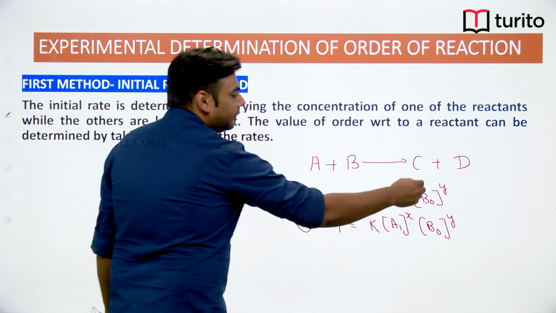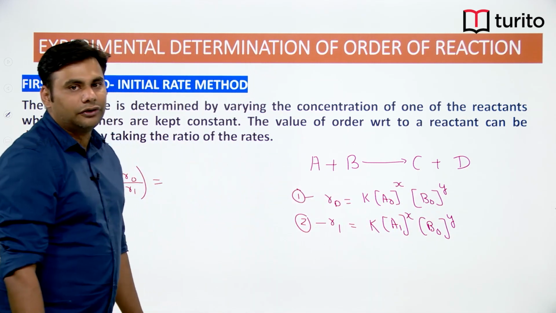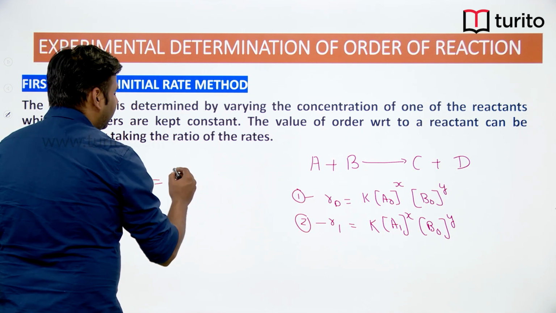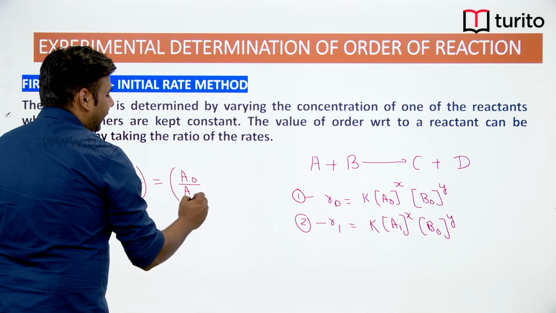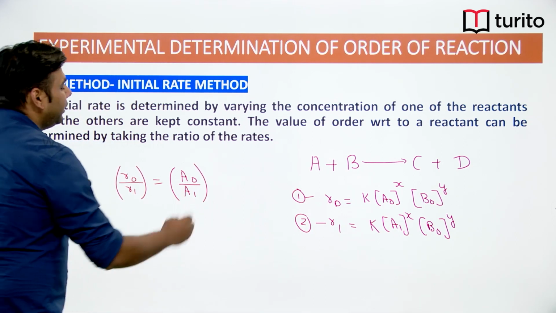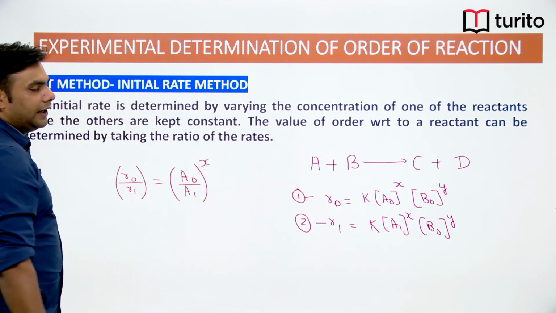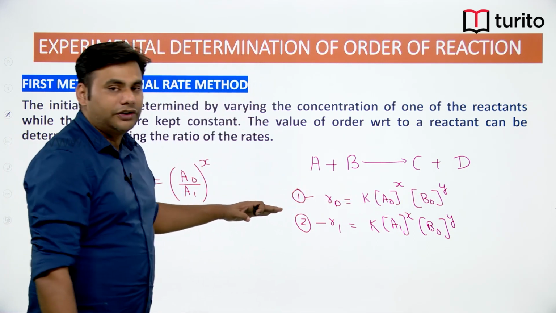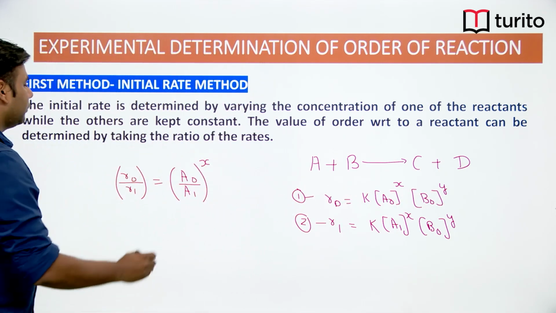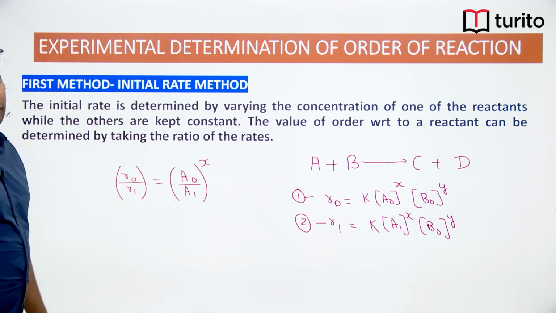Because the concentration of B is the same in both, it also gets cancelled out. We are left with A naught and A1, so this will be A naught upon A1 raised to power x. From this we can calculate the value of x.